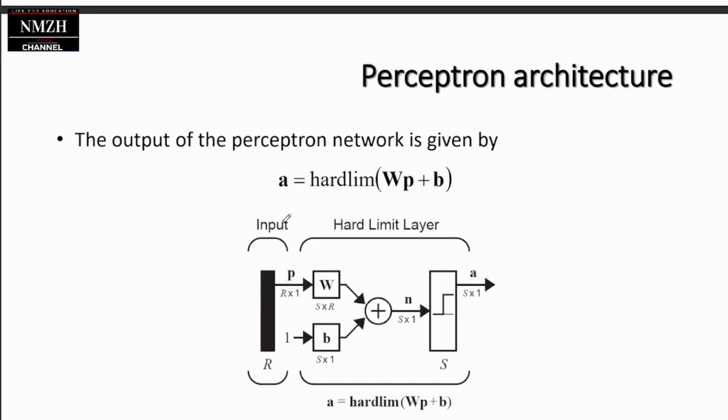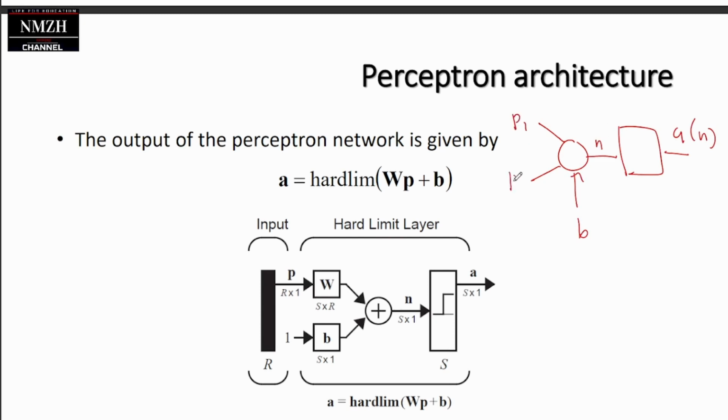Okay, now we will take a look at the Perceptron architecture. Basically, the Perceptron architecture is built up into the network. As I mentioned earlier, remember this one I sketched, and we have the bias. It's the same, guys. So this is N, this is P1, this is P2, and this is W1, this is W2.